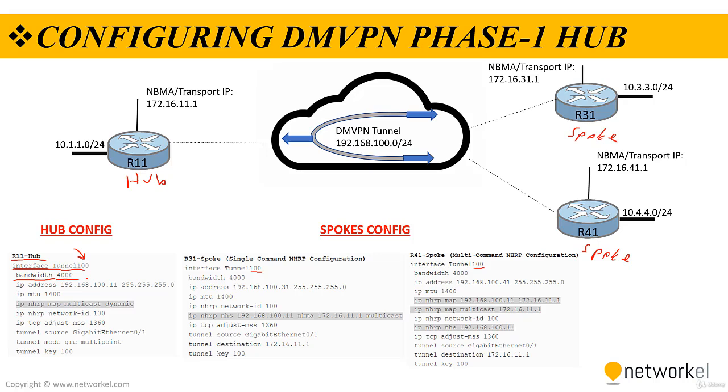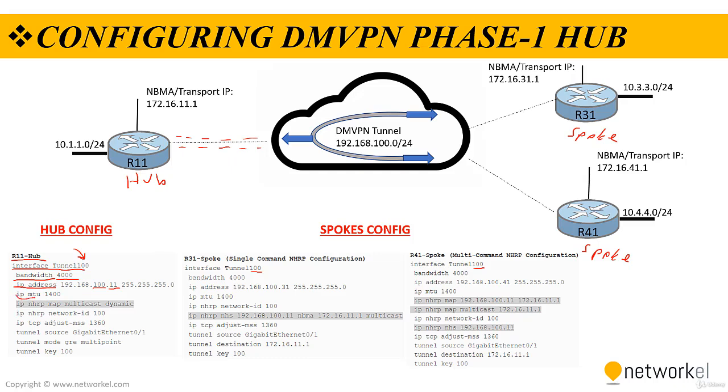Bandwidth is also used for QoS configuration on the interface, and bandwidth is defined with the interface parameter command bandwidth in here, you can see. Then we are assigning an IP address to our tunnel interface, and this is 100.11. Okay, this is going to be our tunnel interface configured for the hub.